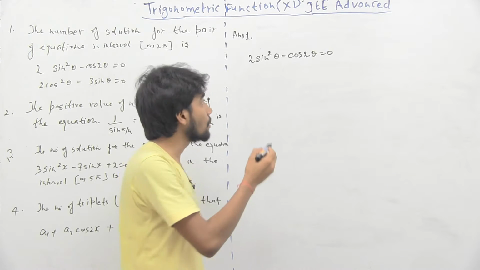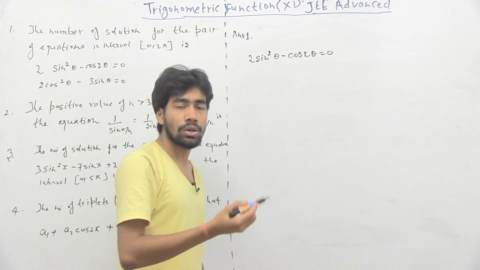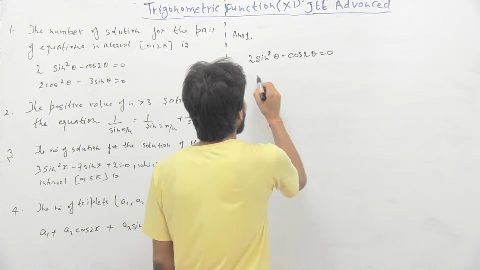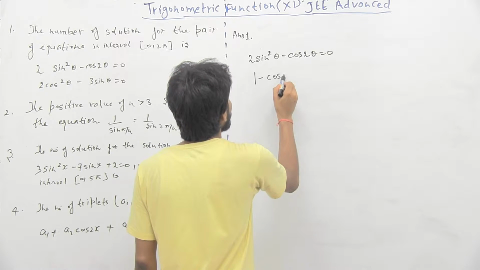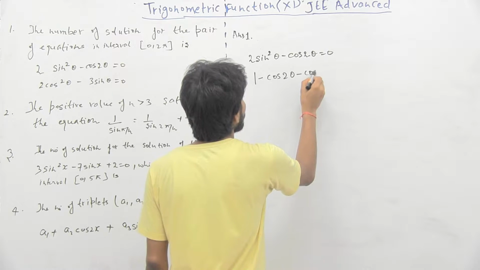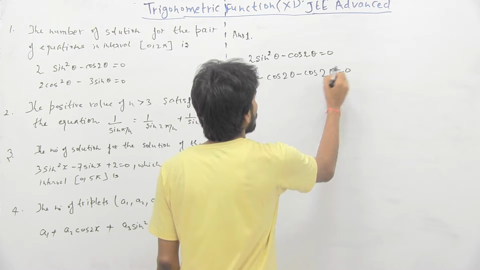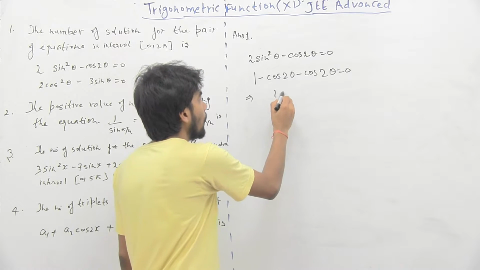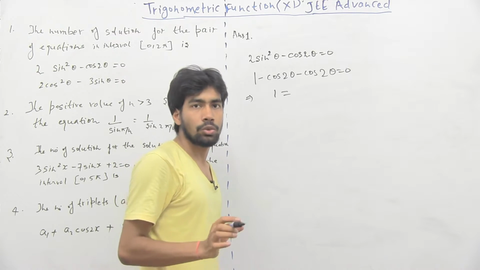Since we can write 2 sin square theta as 1 minus cos 2 theta, we have 1 minus cos 2 theta minus cos 2 theta equal to 0, and we will have 1 equal to 2 cos 2 theta.